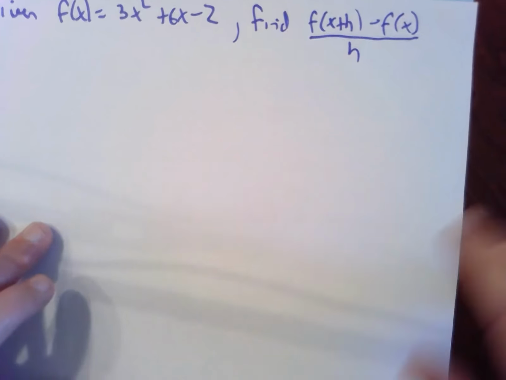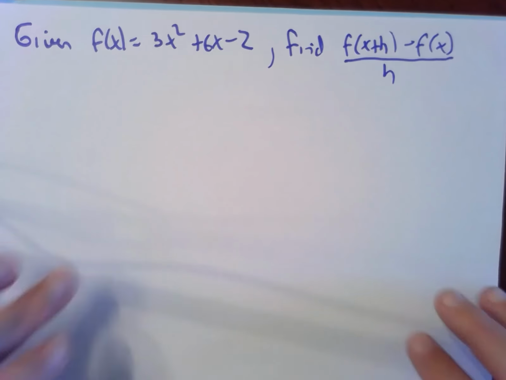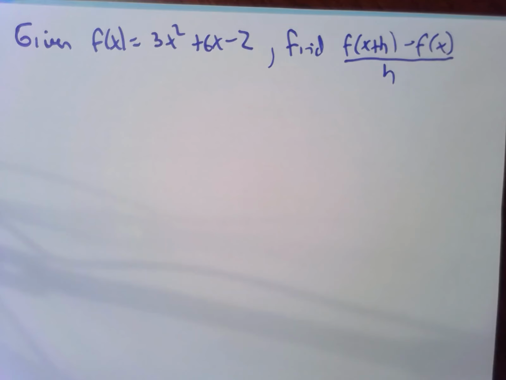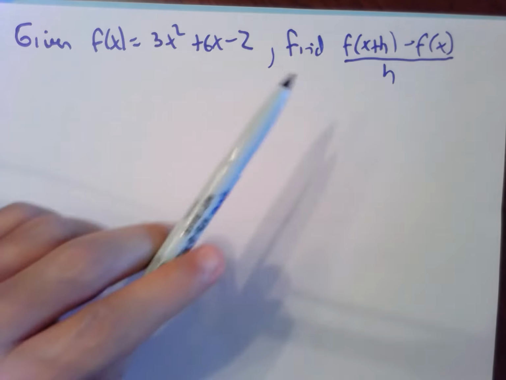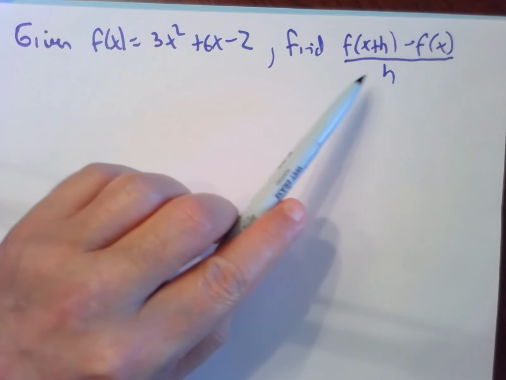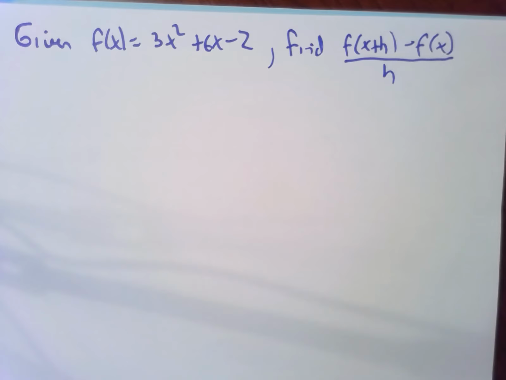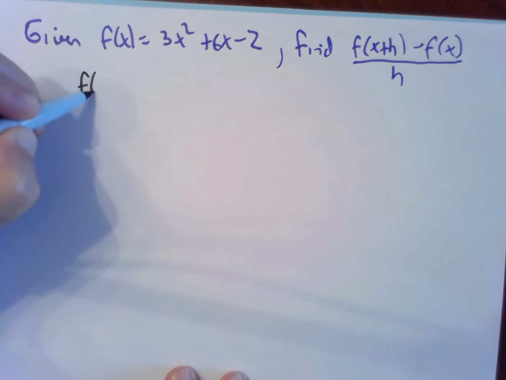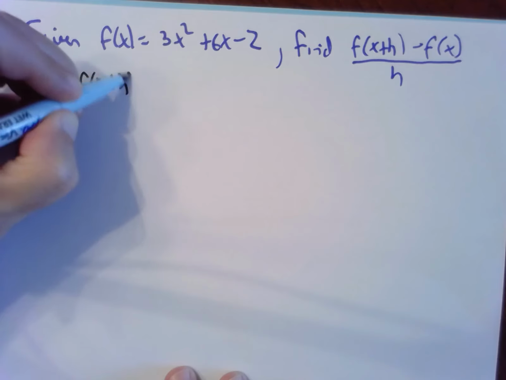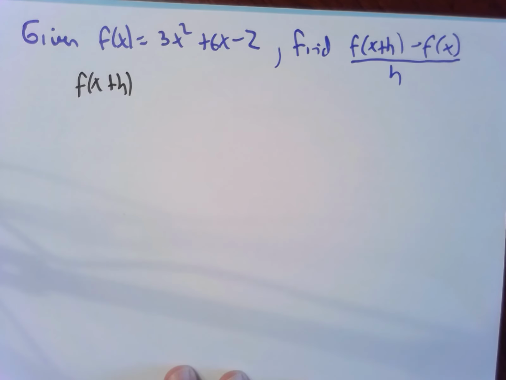Okay, so we have this function, f of x equals 3x squared minus 6x minus 2. I want to find the difference quotient, f of x plus h minus f of x all over h. I like to do a little side work first because the hardest part is finding f of x plus h.